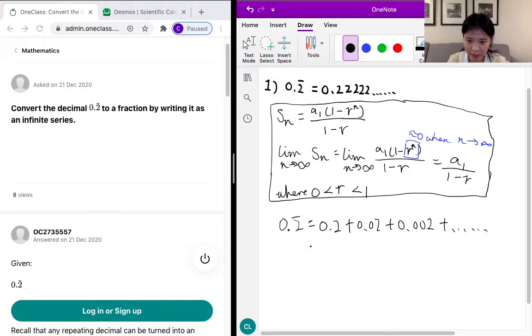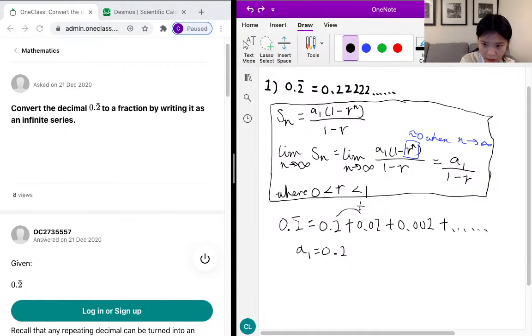From here, the first term of the geometric series is just 0.2. The factor between each term and the previous term, let me write it in fraction form, is 1/10. So 0.2 times 1/10 is 0.02, and 0.02 multiplied by 1/10 is 0.002. I'll draw the arrow in the other direction so it's not as confusing.